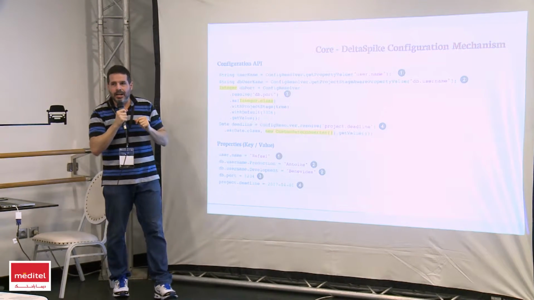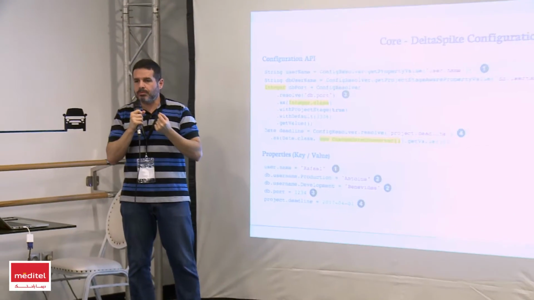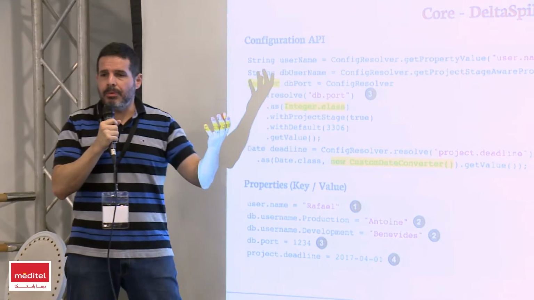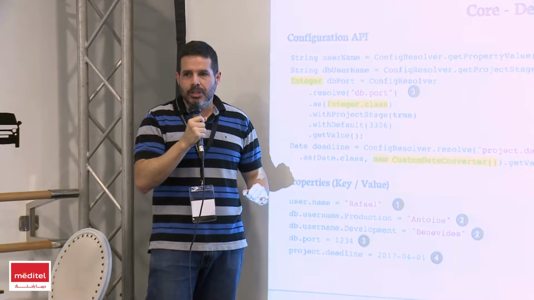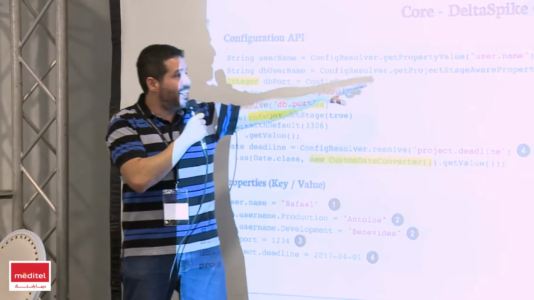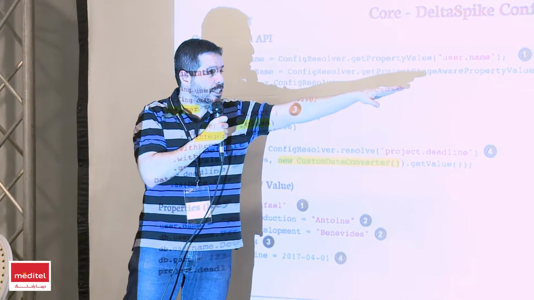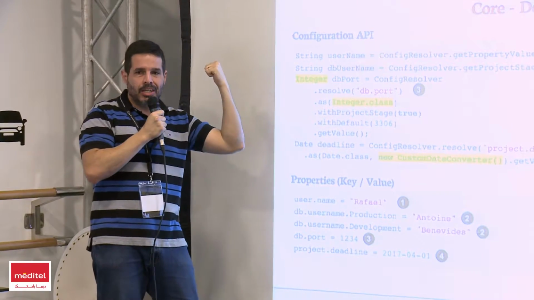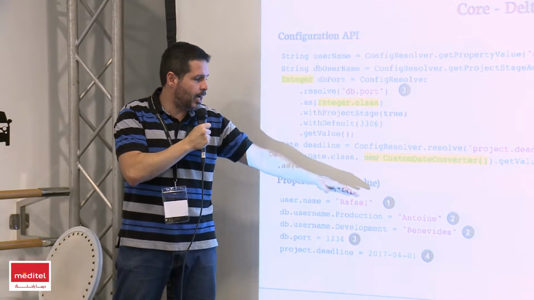But here comes another feature. Suppose that you want to get the username of the database, and the username is different for production and for development. So instead of getting just the property value, you can use getProjectStageAwarePropertyValue. You just say, I want to get the username. If the project stage is production, it will return Antoine.